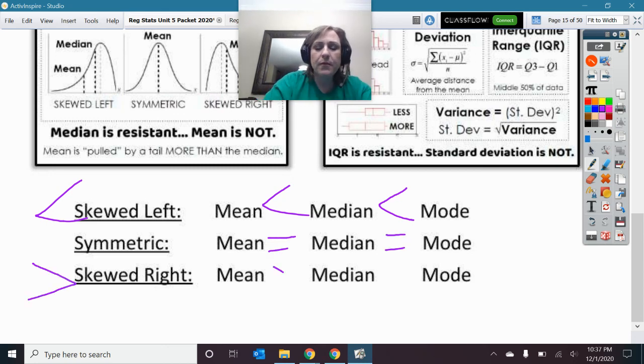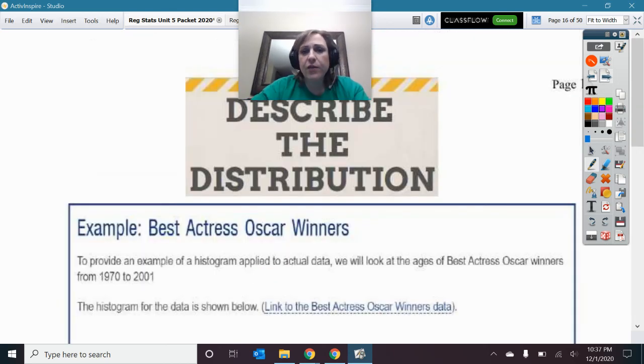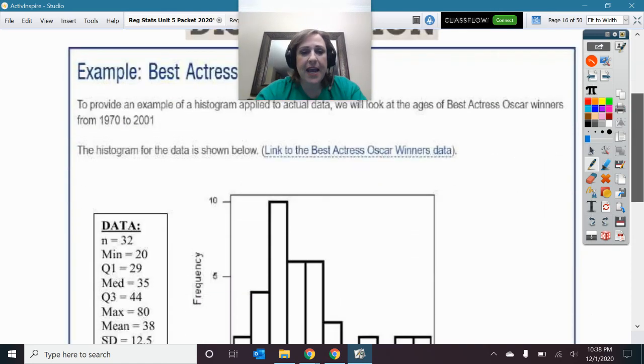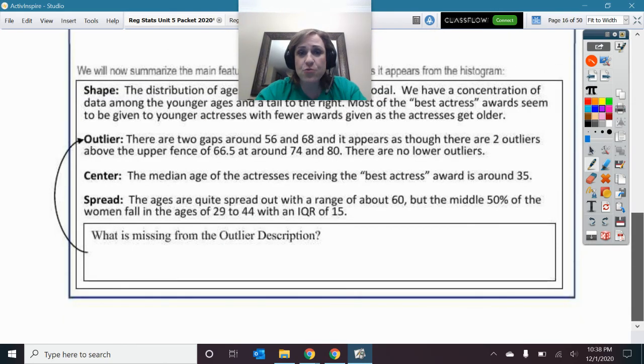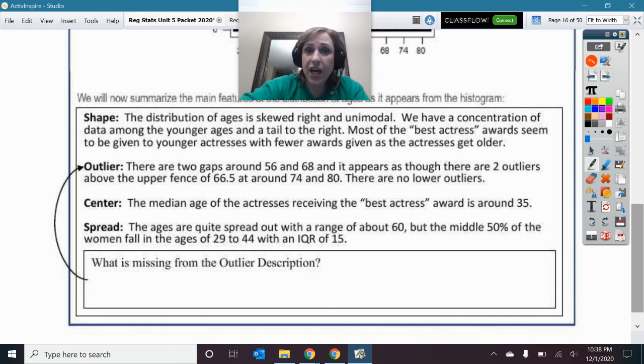Now, there is one last next page going over describing the distribution. But I'm going to hold off on this page and start it tomorrow, right before you do your assignment, because that would be a good way to review our notes of the day and then talk about how you look at this information and write up the description of the distribution.